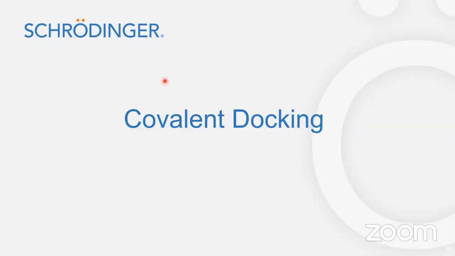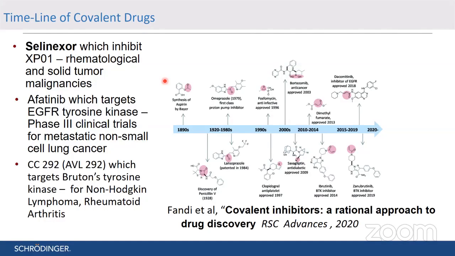Okay. So the next topic is covalent docking. Covalent docking has gained a lot of popularity post-COVID. I think everybody knows, but covalent inhibitors have a history of close to 100 years. The initial covalent binders were aspirin and very classical drugs like penicillin and omeprazole, the prodrug.